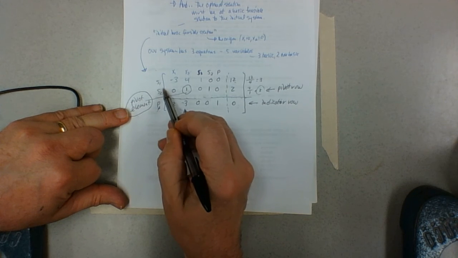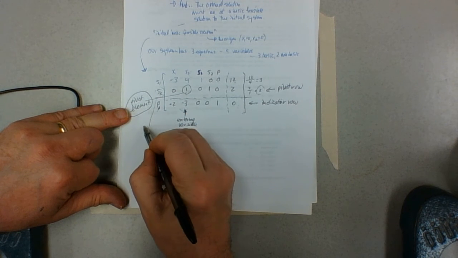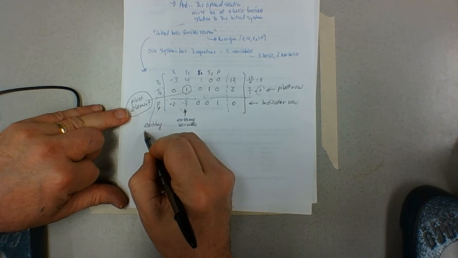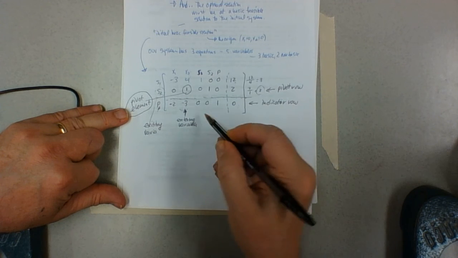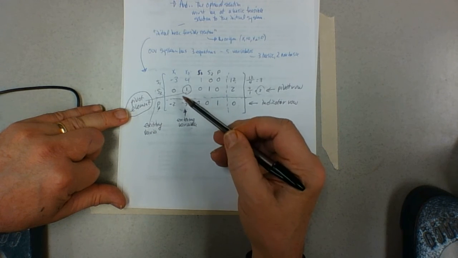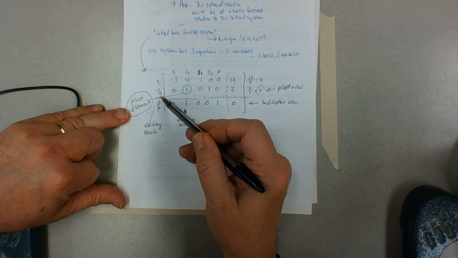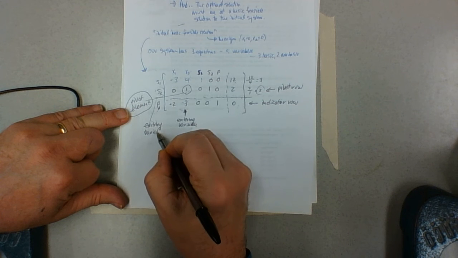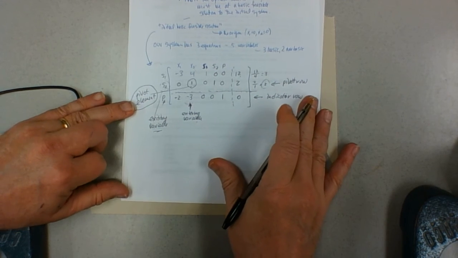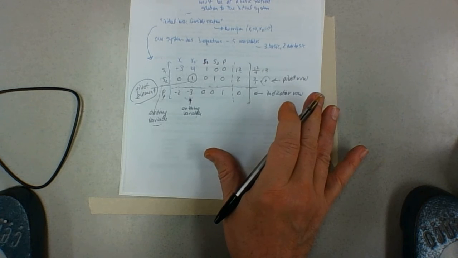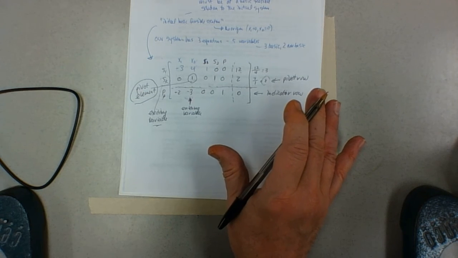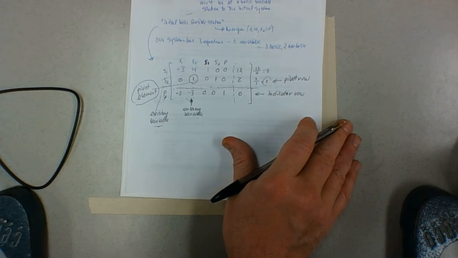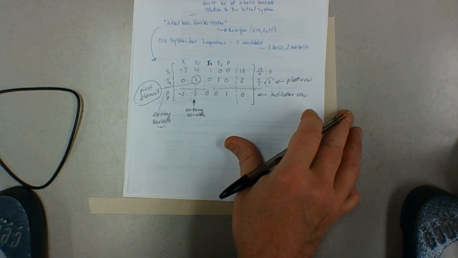So this variable right here is what they call the exiting variable, and I'll relabel later. The entering variable is the pivot column that you just picked. The exiting variable is the pivot row from where it was before you started. That sort of terminology they ask you a question or two about. That's how those values are determined. I was trying to decide what I should do here next, and I think what I'm going to do is a pivot step.